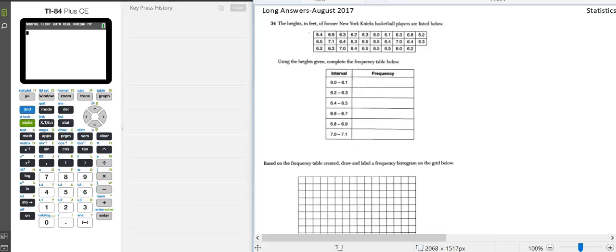First one we have is 6.4. The next one is 6.9. The next one is 6.3. The next one is 6.2. Next one is 6.3.